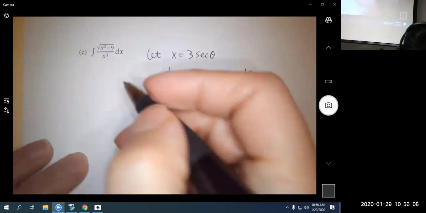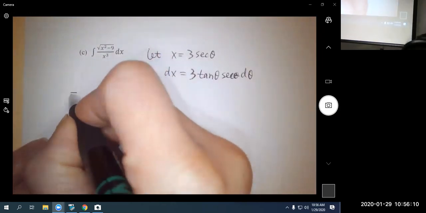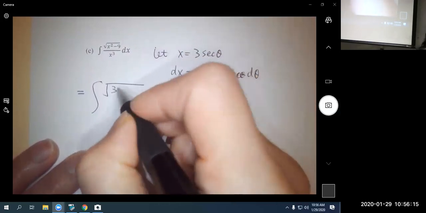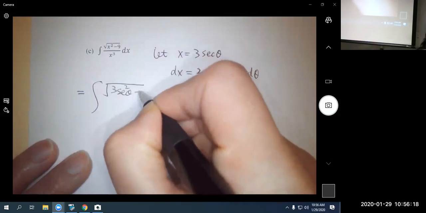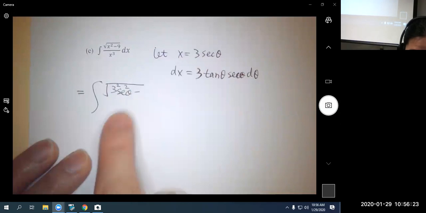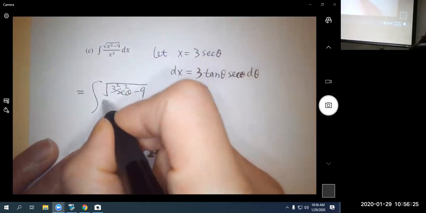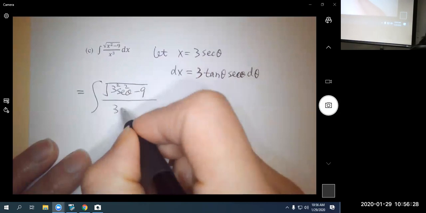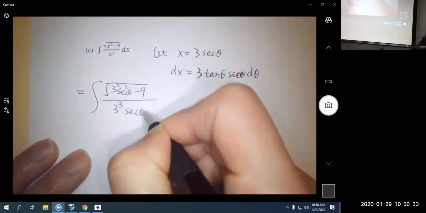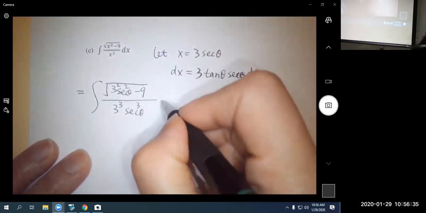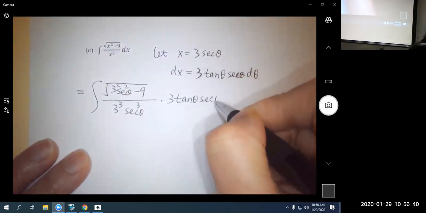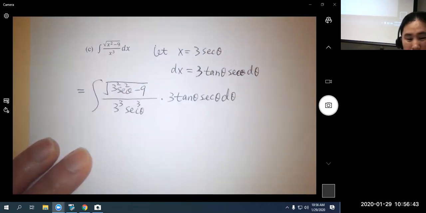So the integral becomes square root of 3 secant theta squared minus 9, where x squared means 3 squared secant theta squared, divided by 3 to the cube secant theta to the cube, since x to the cube means 3 to the cube secant theta to the cube, and dx is 3 tangent theta secant theta d theta.